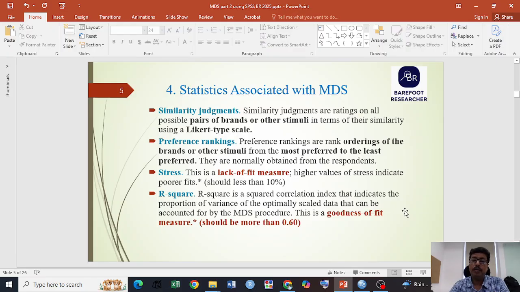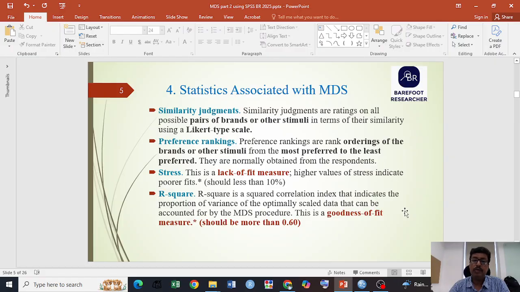For running the MDS, we need certain basic statistics knowledge. First, we need to look at the similarity judgment. Similarity judgments are the ratings of all possible pairs of brands or stimuli in terms of their similarity, using a Likert scale. Sometimes we also capture brand comparison with preference, like which of 10 brands is the most preferred and which is the least preferred.